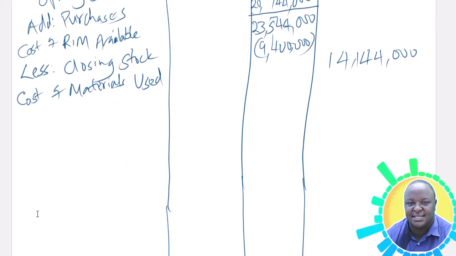So now, after getting the cost of materials used, we add direct labor.